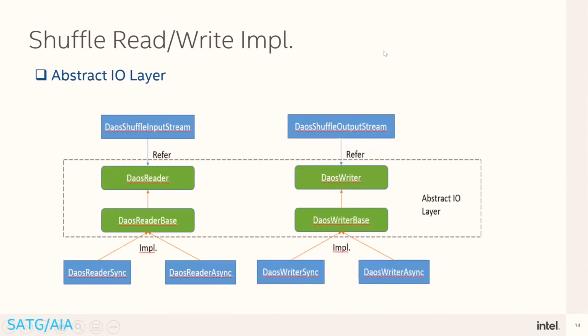And besides the Hadoop DAOS, we also support the asynchronous API in the Shuffle plugin. Same as Hadoop DAOS, we need to abstract the IO layer. There are 2 interfaces, DAOS read and DAOS write. We also have the asynchronous implementation here for both interfaces.